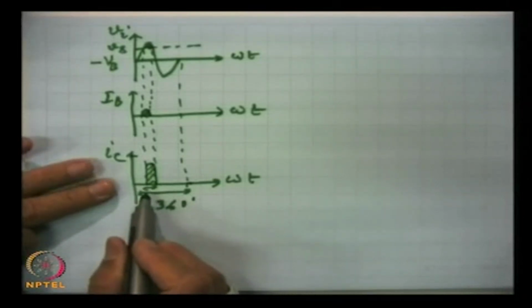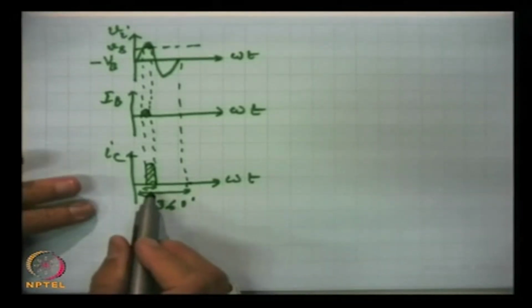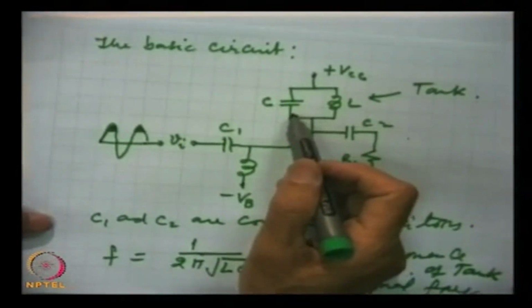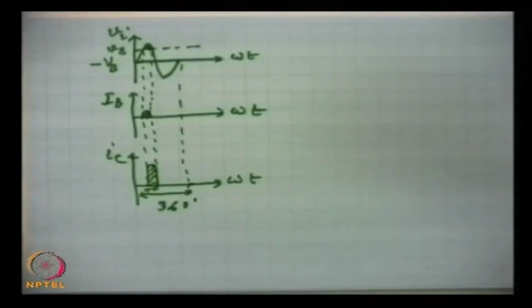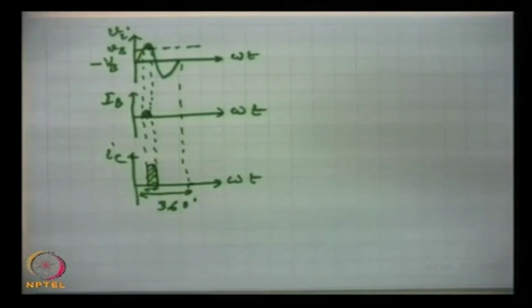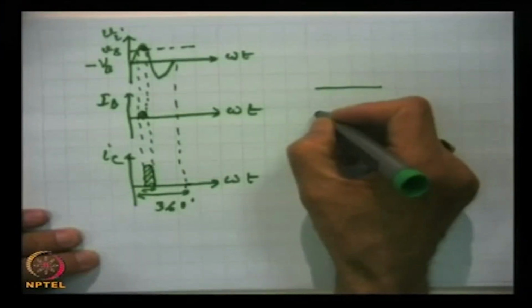and these high current pulses will be striking the tank circuit. Now, the tank circuit we can take separately, and we can explain how these pulses will give rise to a completely sinusoidal signal. Let us see here that this is the tank circuit.